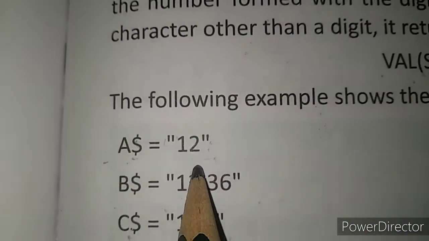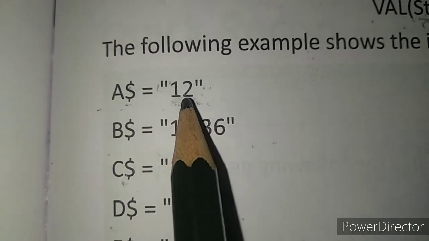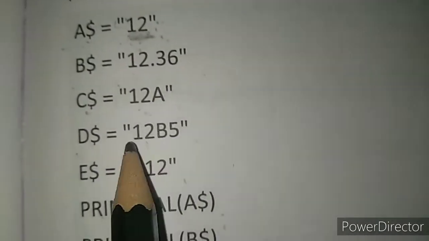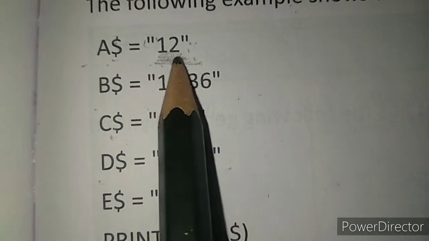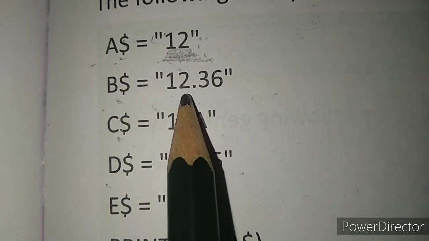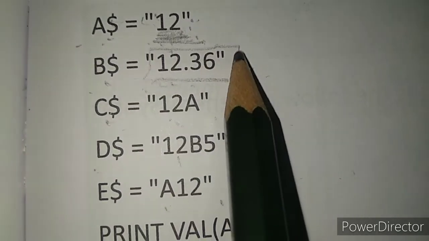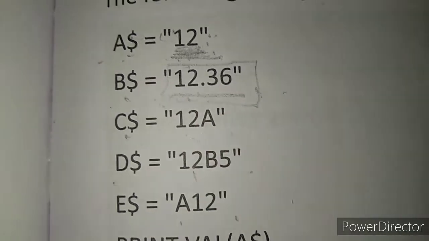Here you can see it is all numbers, therefore the whole string 12 will be converted into a number and 12 will be represented. And here B is 12.36, right? The whole string is a number, therefore 12.36 will be displayed.